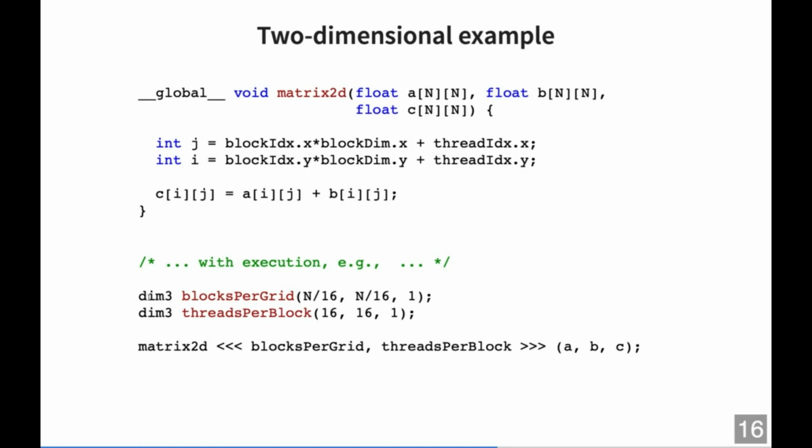And then if we wish to cover the whole problem space, I need to allocate a number of blocks, which is n over 16 in each direction. Again, this is assuming that n is evenly divided by 16 without remainder.